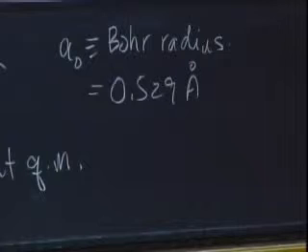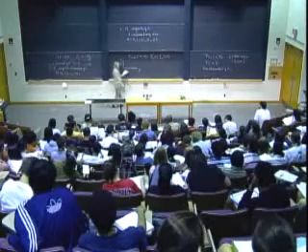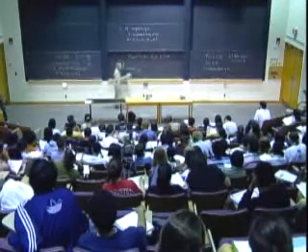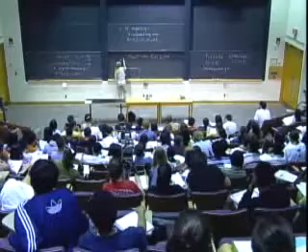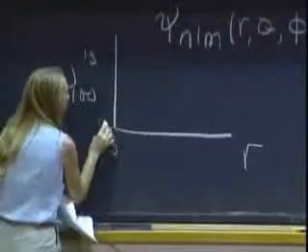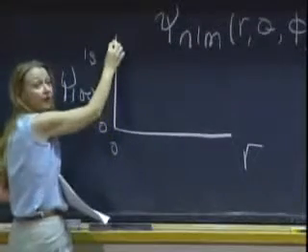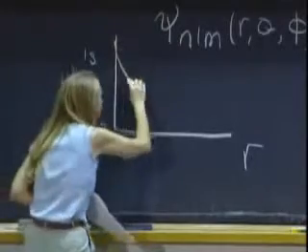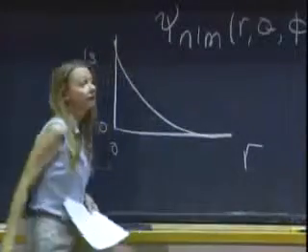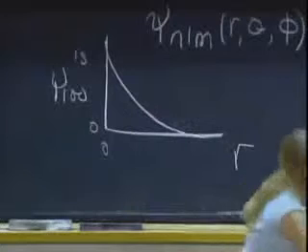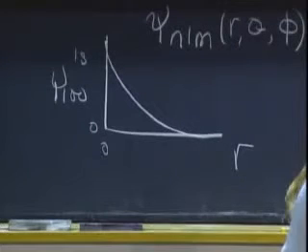Okay, but let's plot here the 1, 0, 0 wave function. If I went and plotted it, what I'd find is simply that the wave function at r equal to 0 would start out at some high finite value, and there'd just be an exponential decay, right? Because if you look here at the functional form, what do you have?